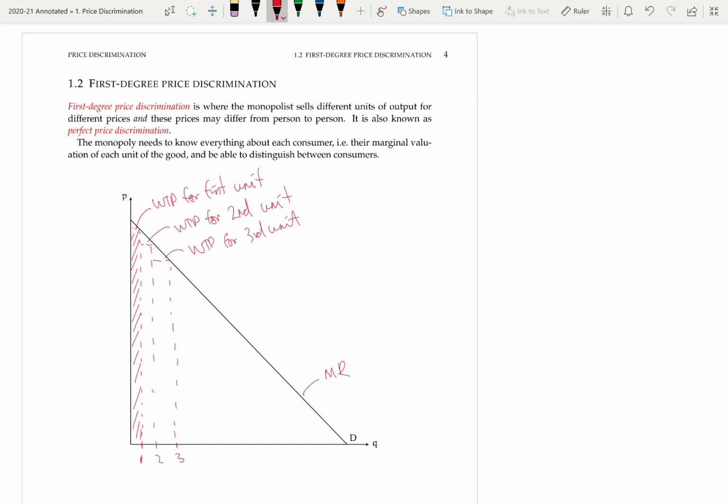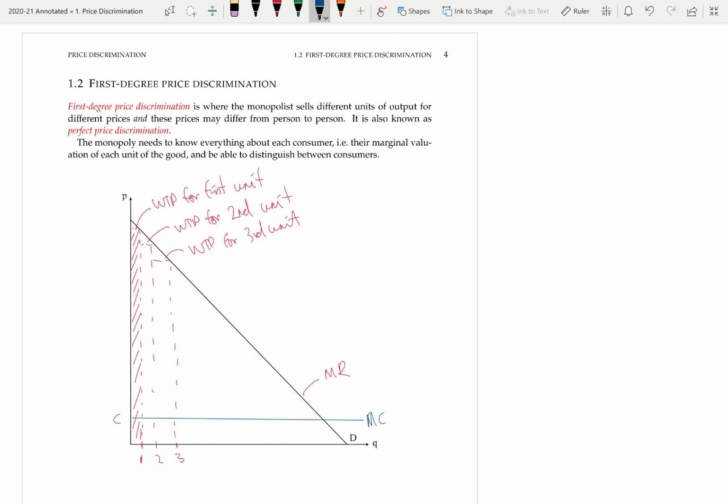So how much would the monopoly sell? Well, we also need to draw the marginal cost curve. As usual, we're going to assume that it's constant, so the marginal cost curve is horizontal. Let's label that C. This is the marginal cost.